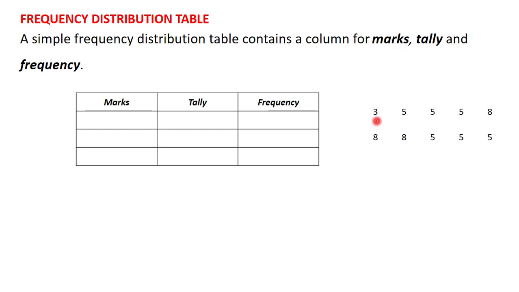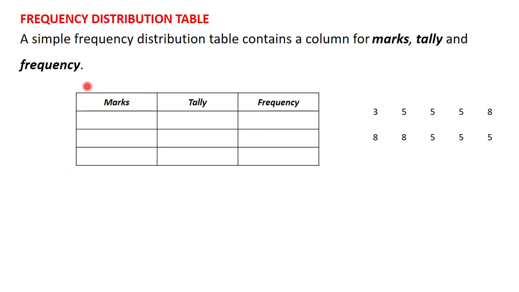So the first child is 3 years old, the second, third, and fourth are all 5 years old, the fifth, sixth, and seventh are 8 years old, the 8th, 9th, and 10th are 5 years old. So this is the data that we have. We can present this data in the frequency distribution table we have here. Let's consider how we will do it.